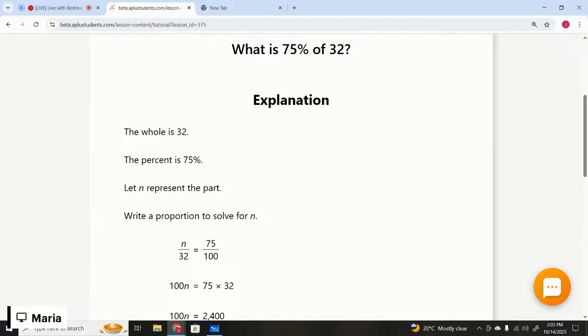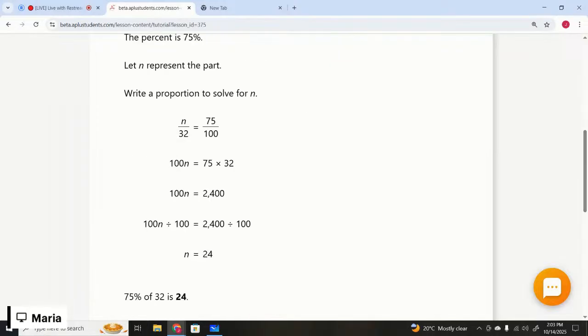So we need to form a proportion: n over 32 equals 75 over 100. We need to solve this equation for n. That equals 75 times 32 over 100. So n equals 24. 75% of 32 is 24.